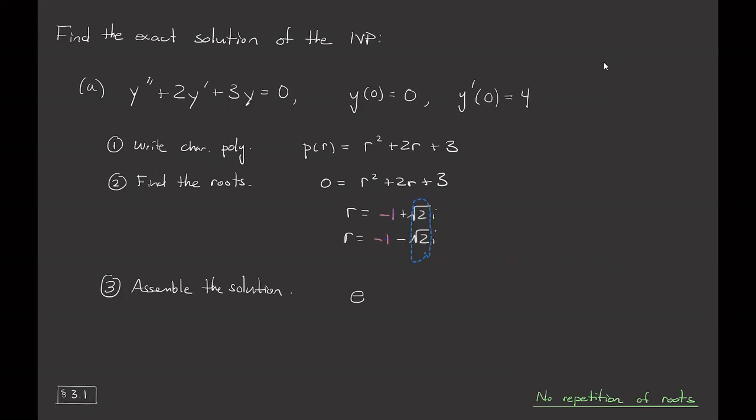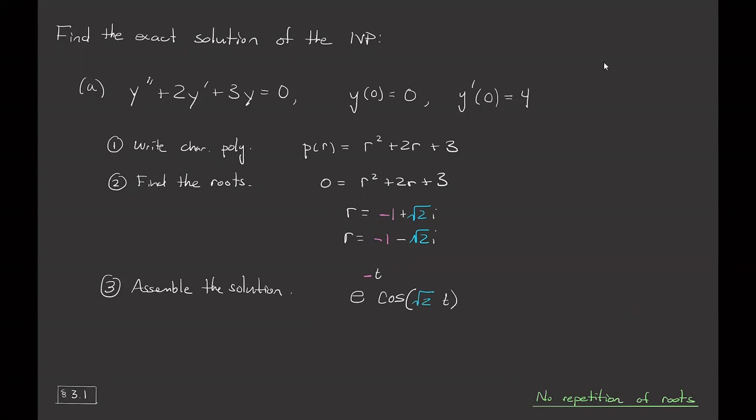So we'll do the real part in this magenta and the imaginary part in this cyan color. So we get e to the negative t. I'm going to use t here, a different independent variable just for something new. Then we're going to have cosine, in cyan, square root 2 times t.